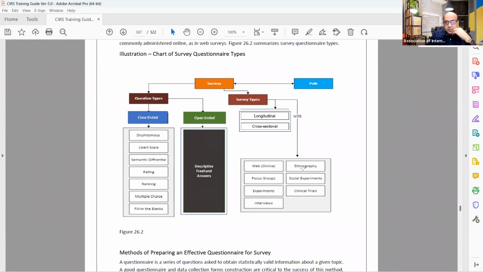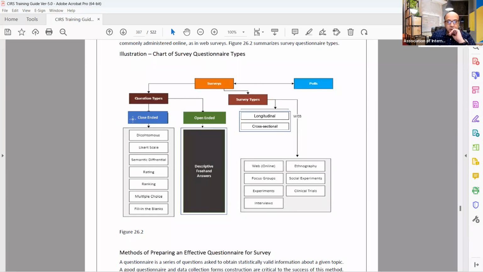Then you keep changing the line of your research based on how the environment on the ground changes. And there are social experiments and clinical trials. You can do it web based or non web based. I don't know why they put the word web here, but basically both longitudinal and cross sectional will work on this group of survey types.